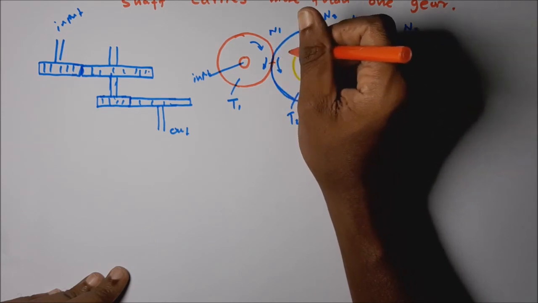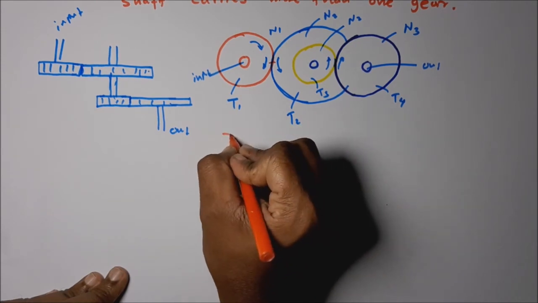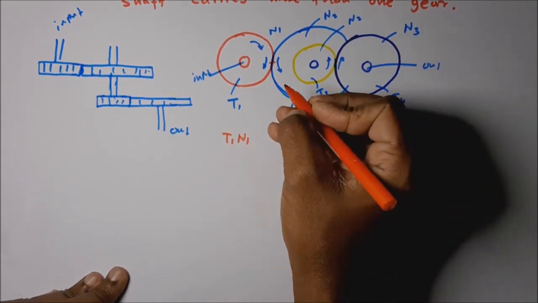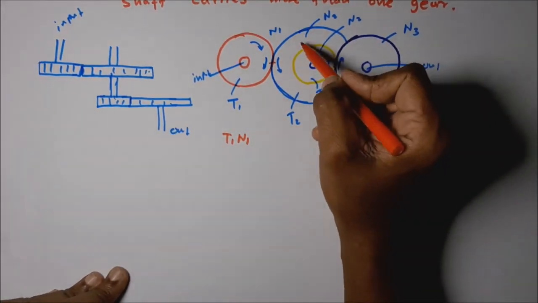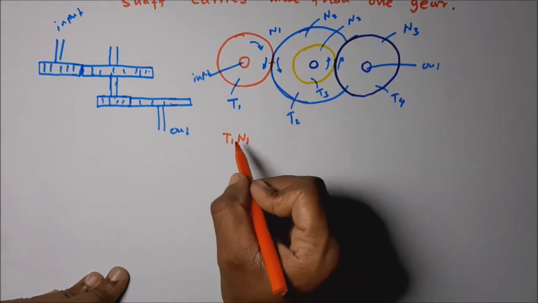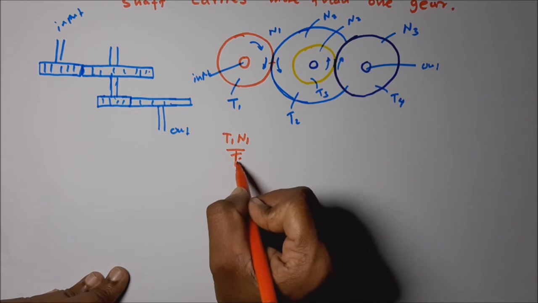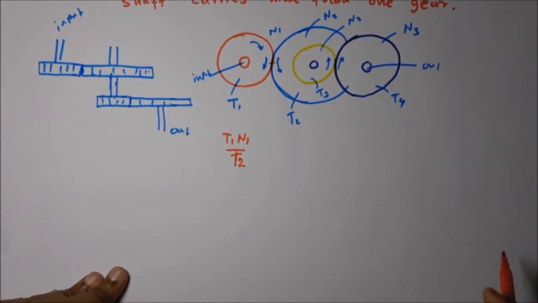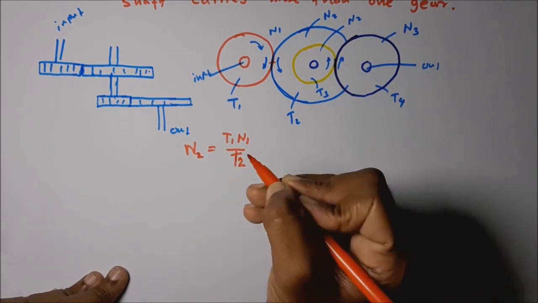How many teeth are contacting this gear wheel? t1 n1 teeth are contacting this second gear wheel. If the second gear wheel has t2 teeth, how many revolutions does it produce? t1 n1 divided by t2 revolutions. That is equal to n2.